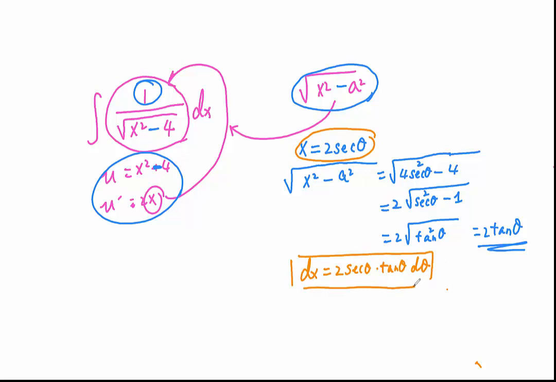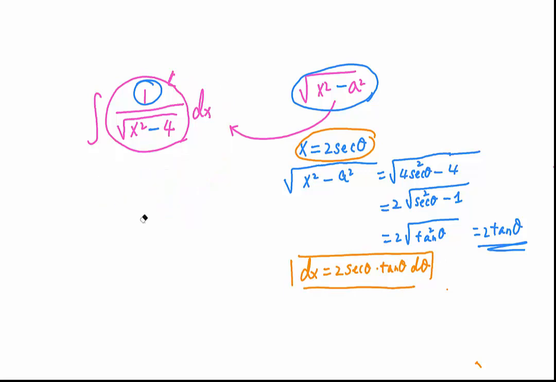Now we prepare to substitute everything back into our original function. I'm going to follow our function right here. First I copy this part: the square root of x squared minus 4 right now becomes 2 tangent theta. For the dx right now, it is 2 secant times tangent.